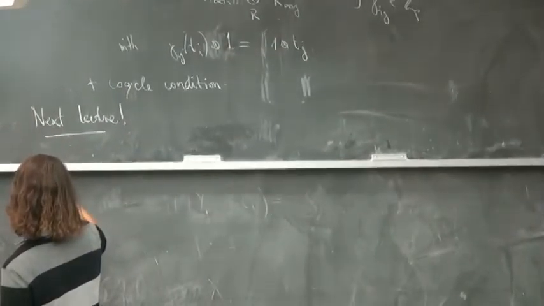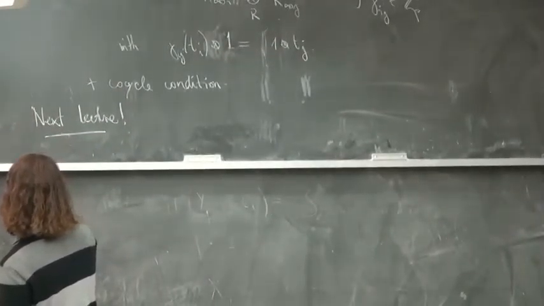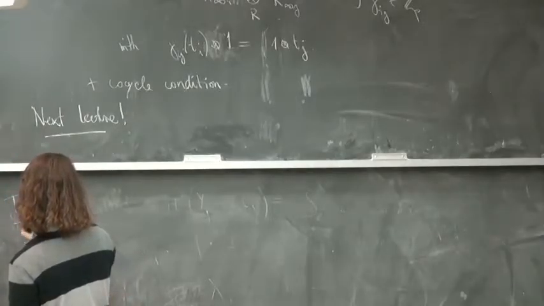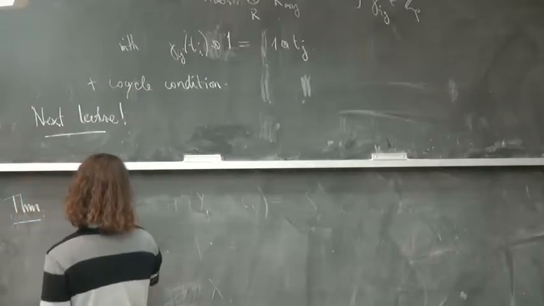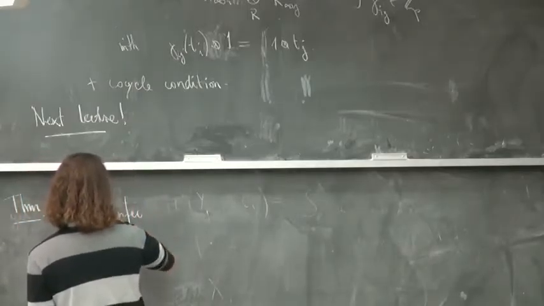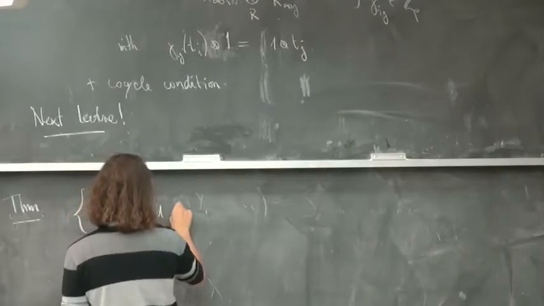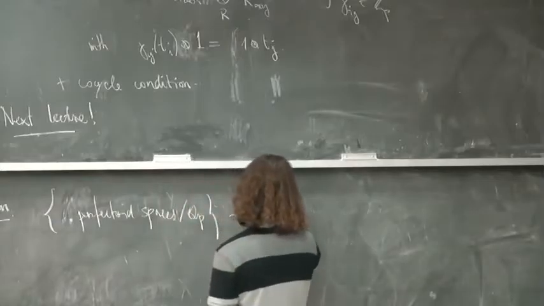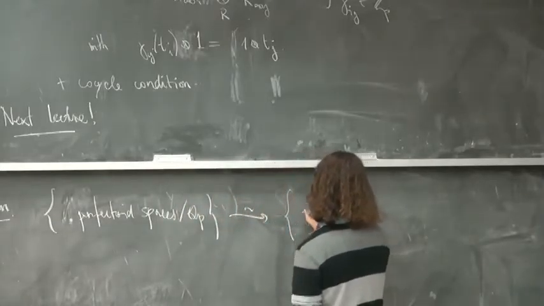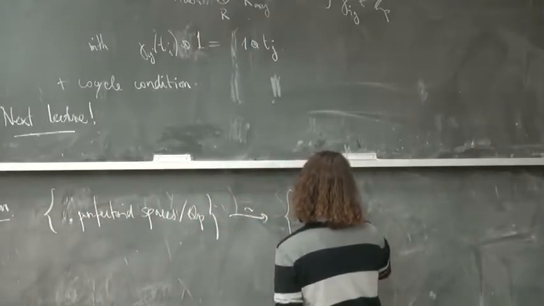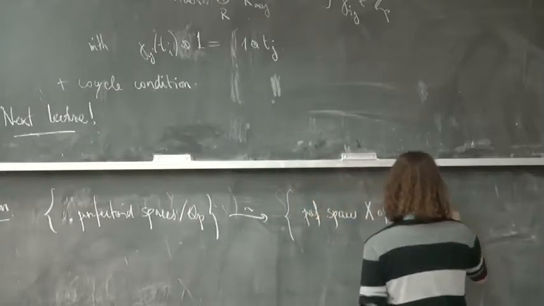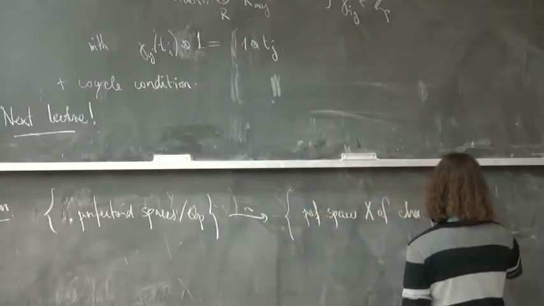Anyway, so let me just say that this way one can prove, well, the theorem I wanted to state is the following: the category of perfectoid spaces over Q_p is equivalent to perfectoid spaces X of characteristic p plus a structure morphism.